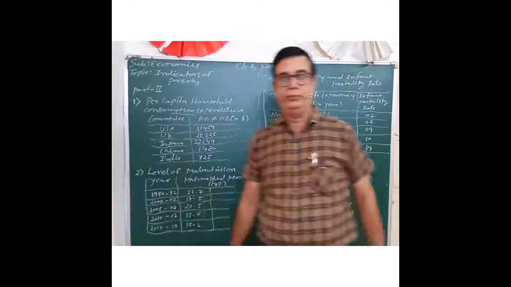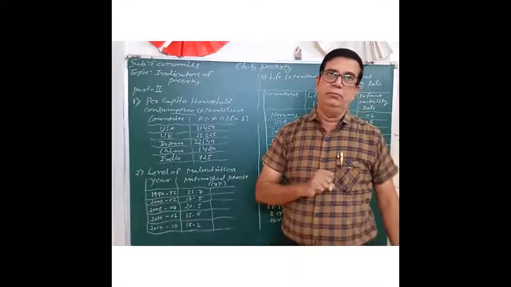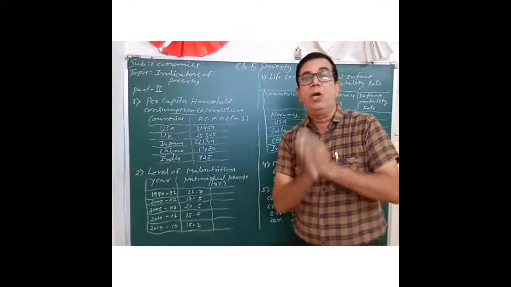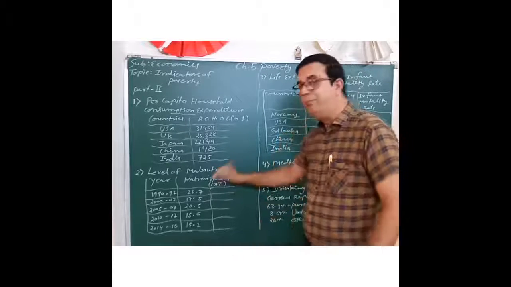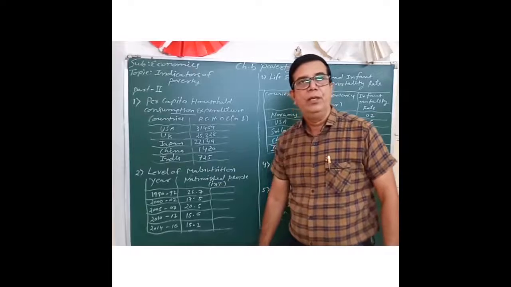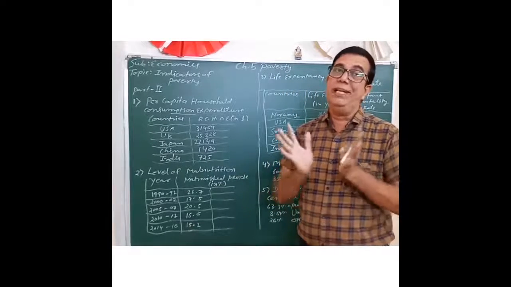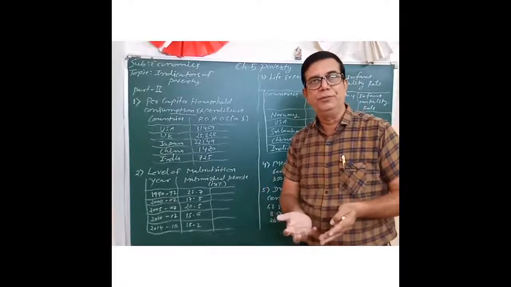Now in India, we see because of less income, they can't get a proper meal, and because of that they become victims of malnutrition. There are so many health problems because you can't maintain quantity as well as quality of food.